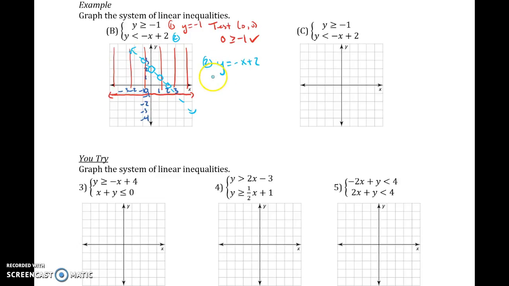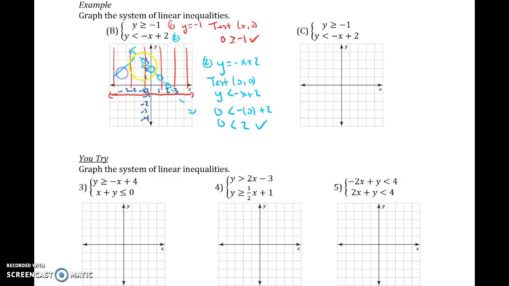Then I'm going to go ahead and test a point, and since 0, 0 is also not on that light blue line, I'm going to test 0, 0 in the original problem, y is less than -x plus 2, and 0 is definitely less than 2, so that's true, so I want to shade below. So now I'm not going to use a vertical line, I'm going to use a different line.